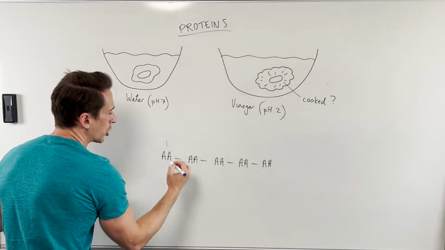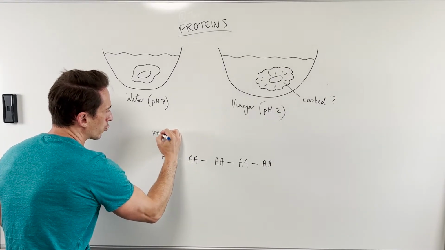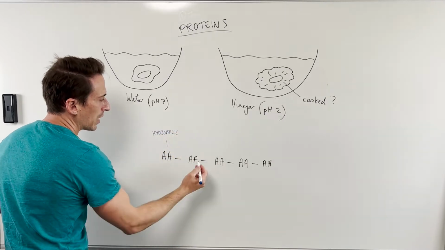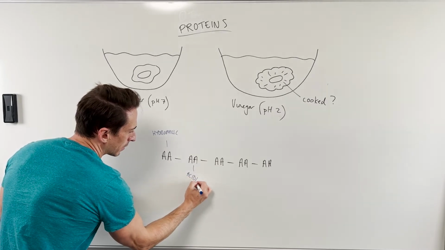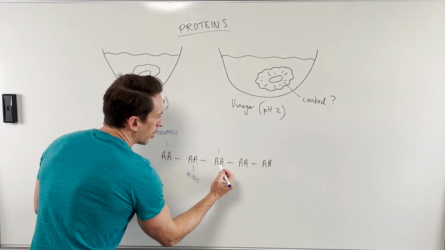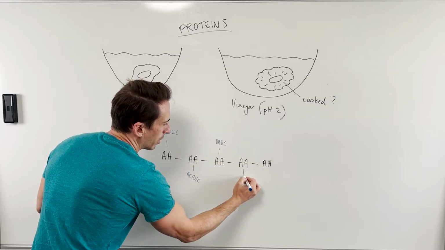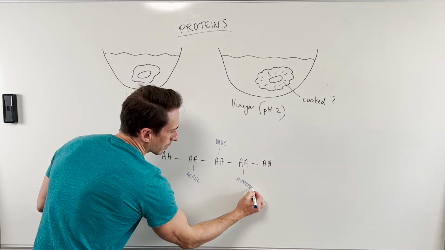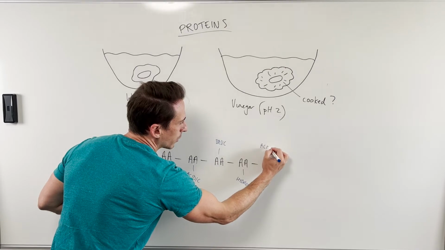So one side chain may be hydrophilic, so it loves water. Another one might be acidic. Another one might be basic. Another one might be hydrophobic. Right? And let's just say this one's acidic as well.